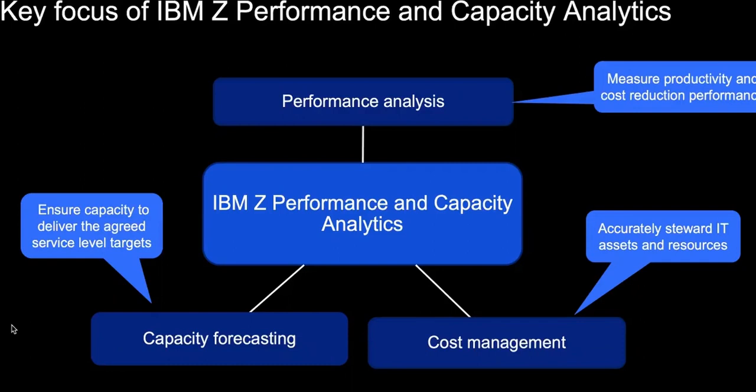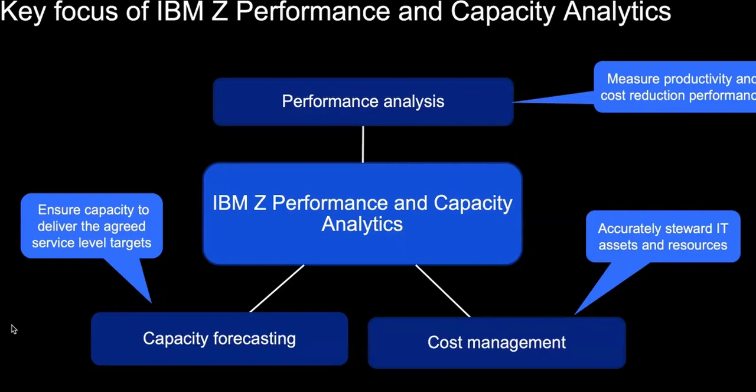Firstly, we look at the performance analysis, so measuring and checking of the performance in terms of the productivity, taking the data you have about the environment and the workloads, and drawing out insights about changes in performance and supporting those subject matter experts. Think of that partially as a reactive stage.